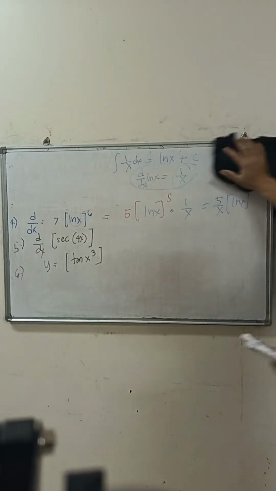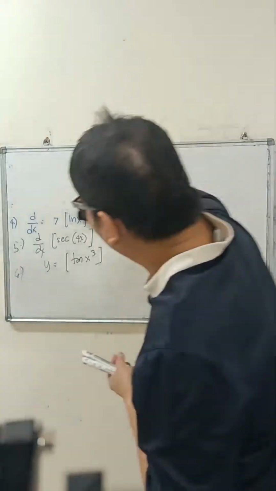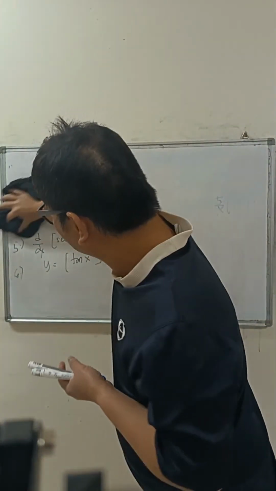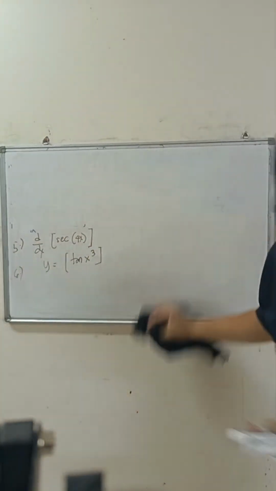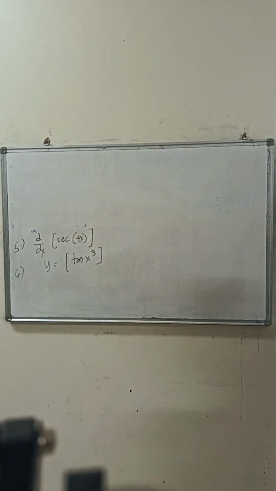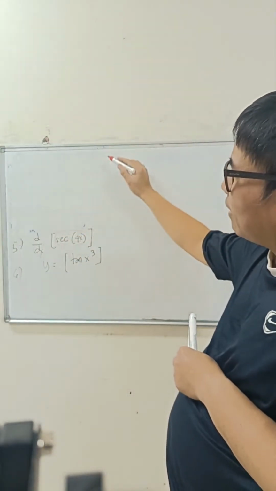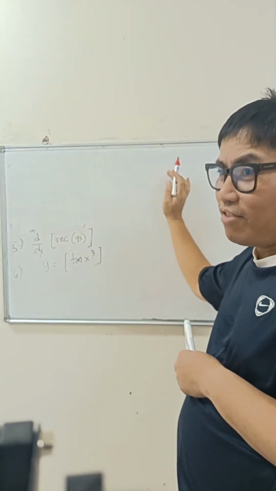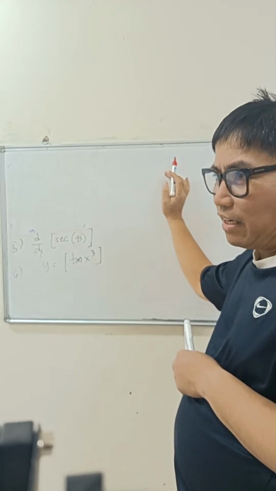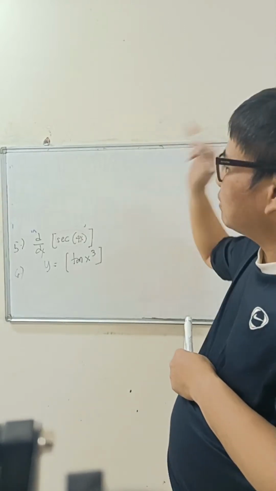So number 5, you have secant 4x. Something like secant x, for example, that is the integral. I memorize the integral formula and then I can navigate to the differential. So this is secant x.